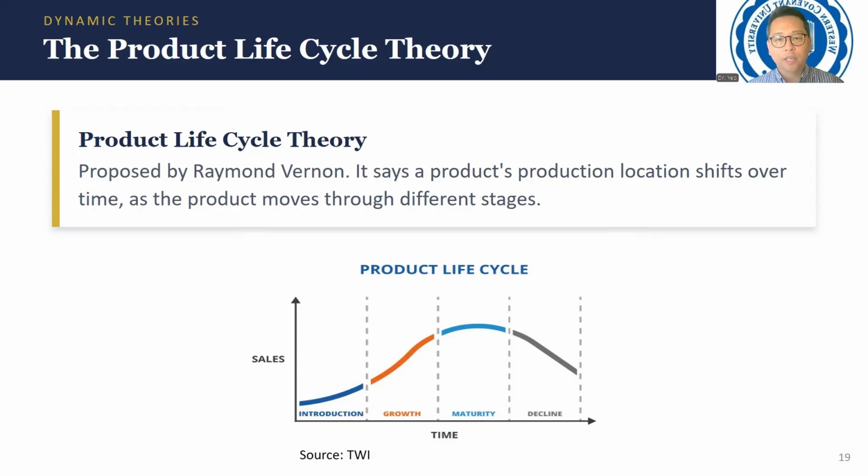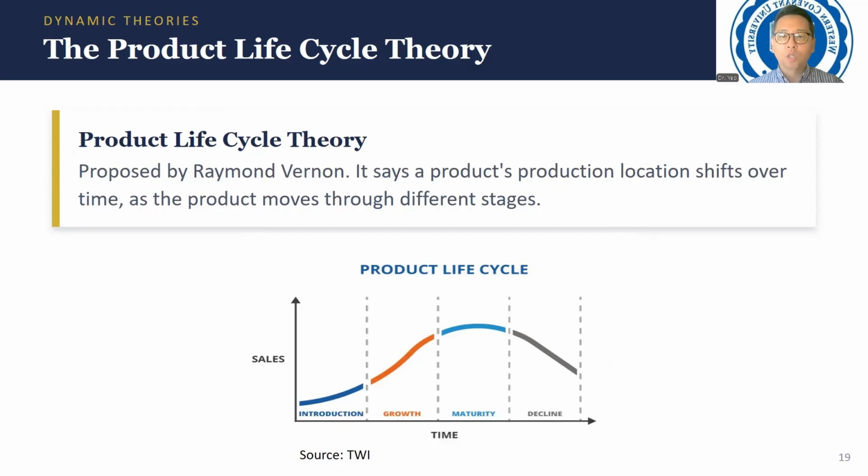Stage four is decline, or reverse import. Why do I call it reverse import? You have to pay attention. Finally, we reach this stage, and this is the most surprising part of the theory. Production in the original inventing country completely stops because it's too expensive.